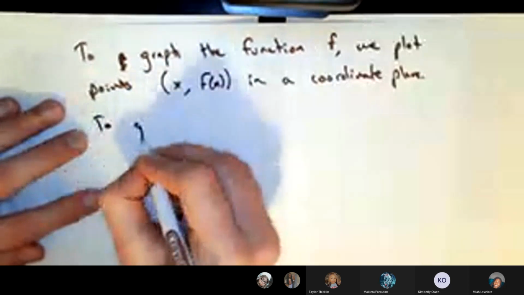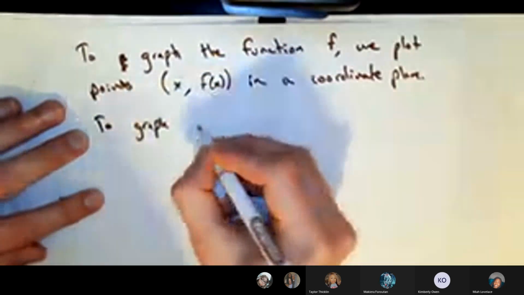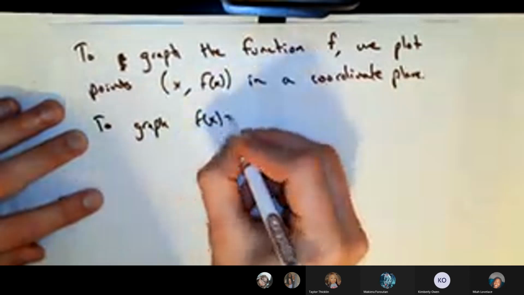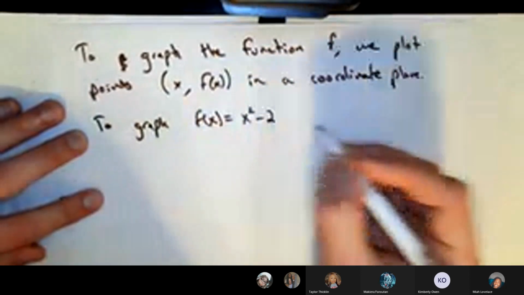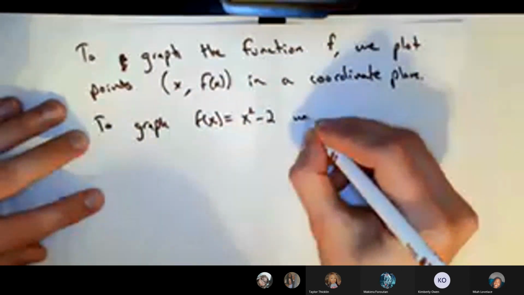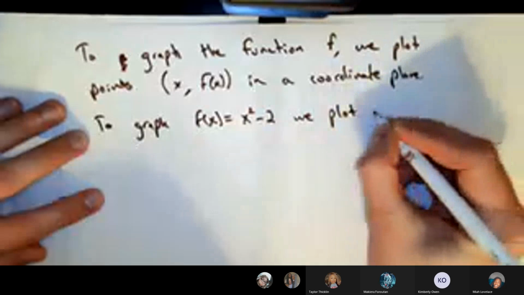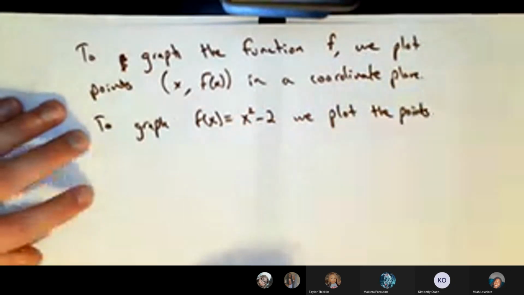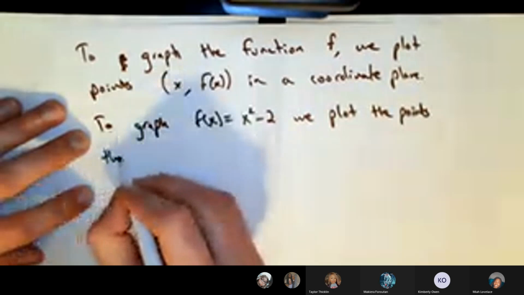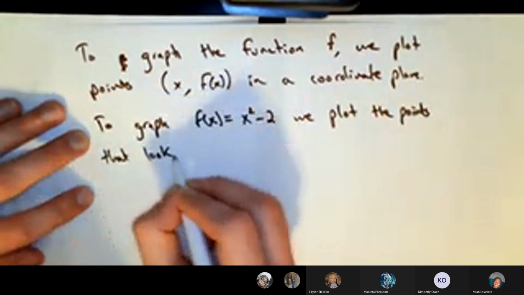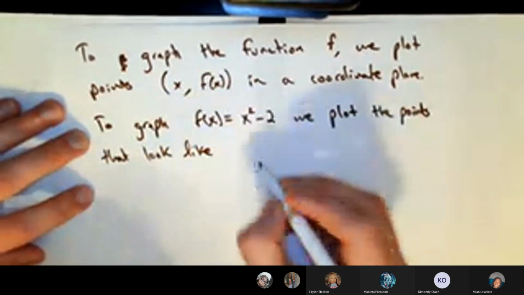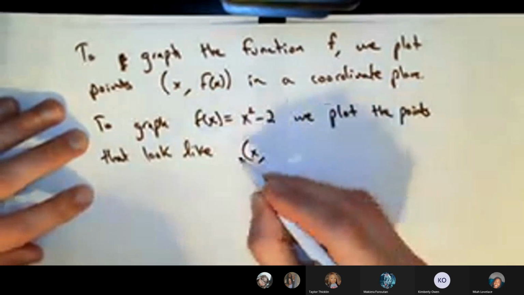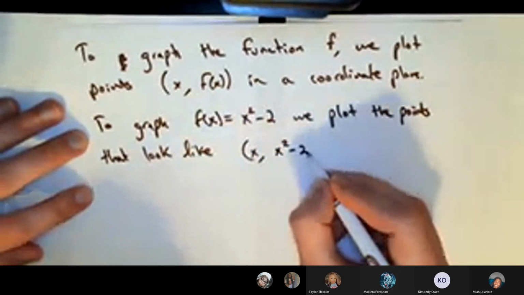So to graph f of x equals x squared minus 2, we plot the points that look like x comma f of x, which is x squared minus 2.